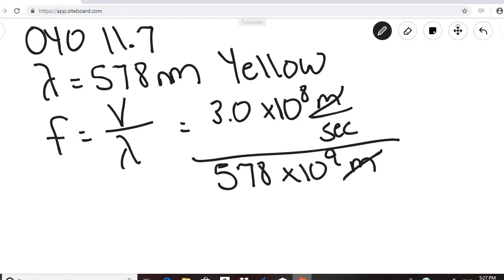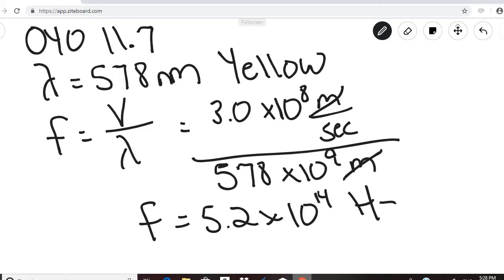So the meters are going to cancel, and we'll be left with 1 over second, which is a hertz. So the frequency then equals 5.2 times 10 to the 14 hertz. Okay, so that is on your own 11.7.